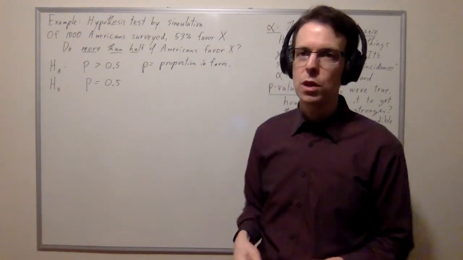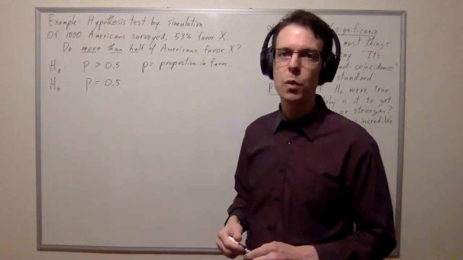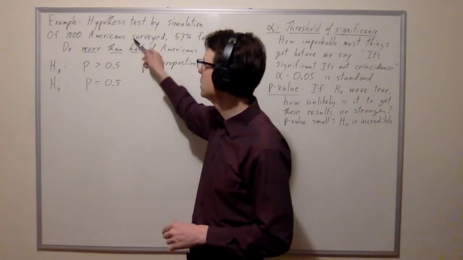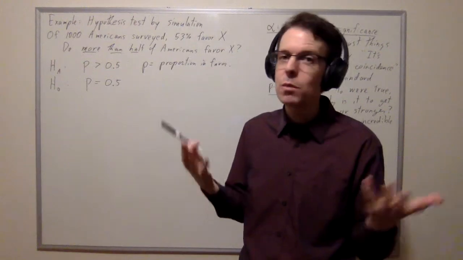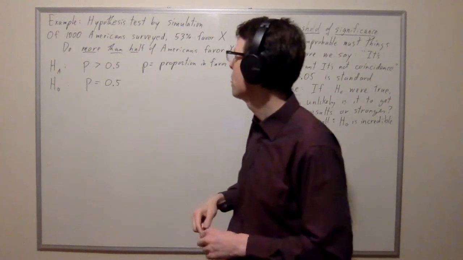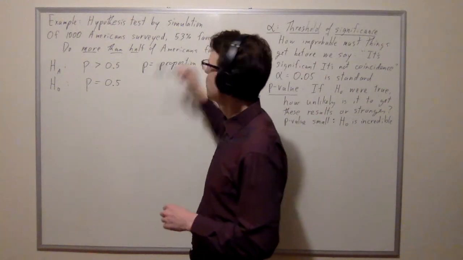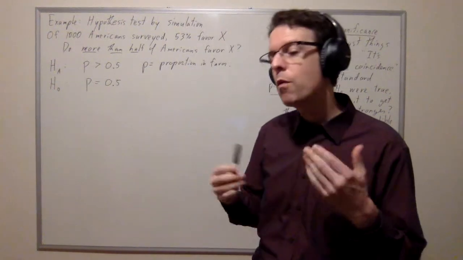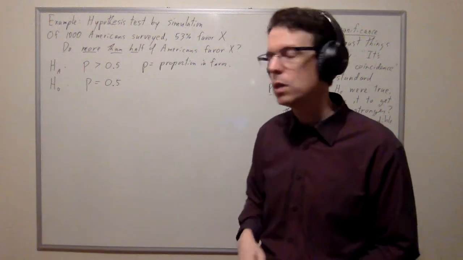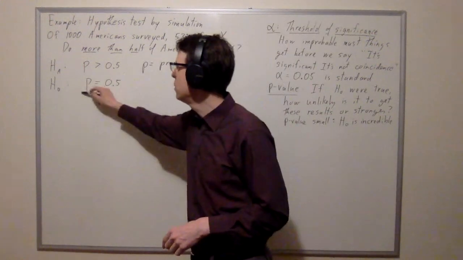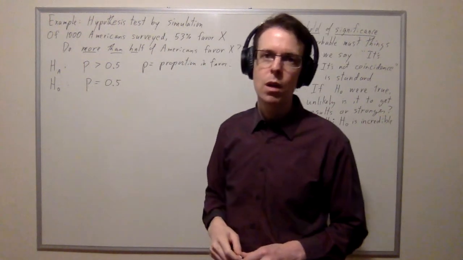The first explanation is that that is a reflection of the reality that more than half of Americans actually favor this. And so when we surveyed Americans, more than half of them said, yeah, that's what I want, right? Another explanation for this 53% is that in fact, exactly half of Americans favor X, whatever it is. In fact, it's evenly split 50-50.